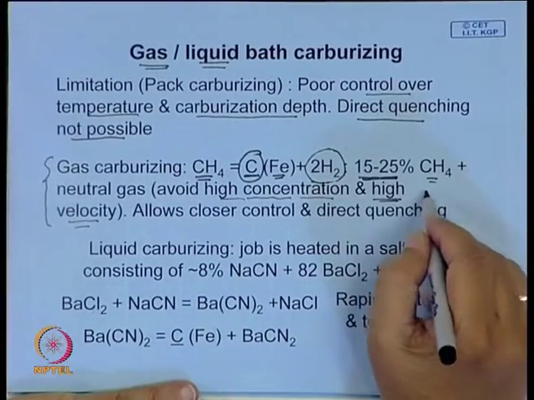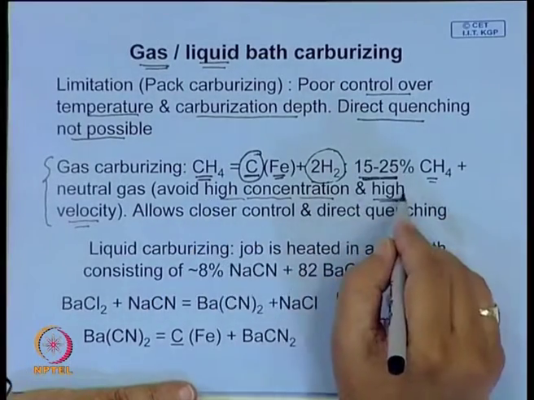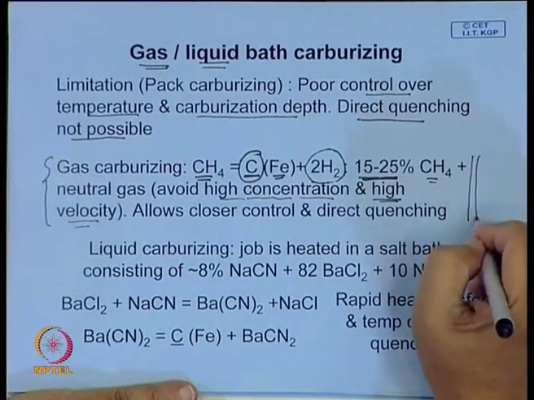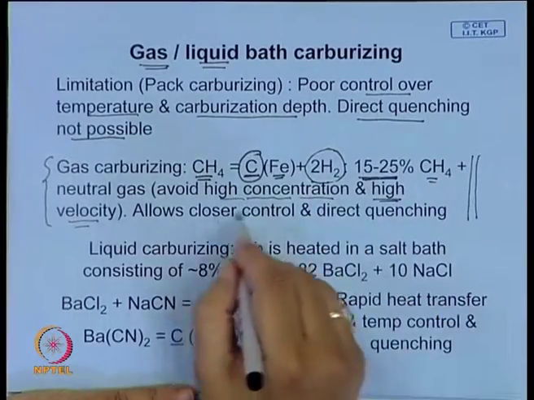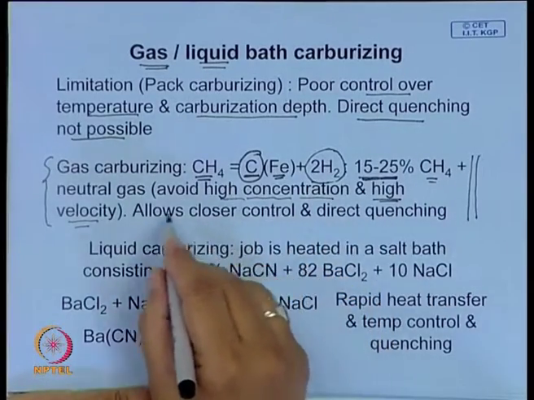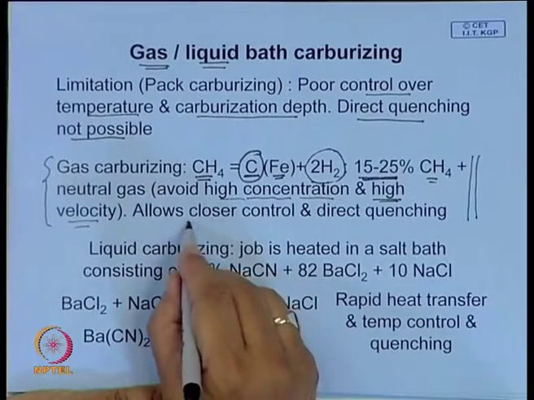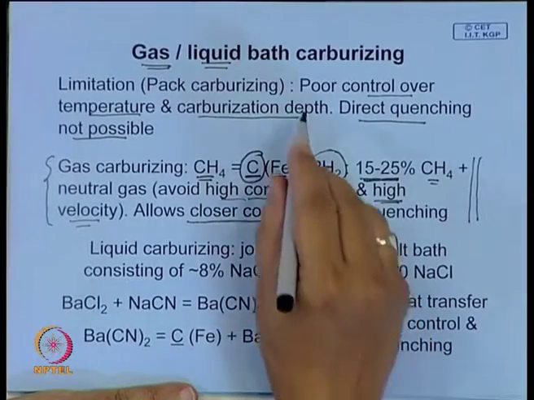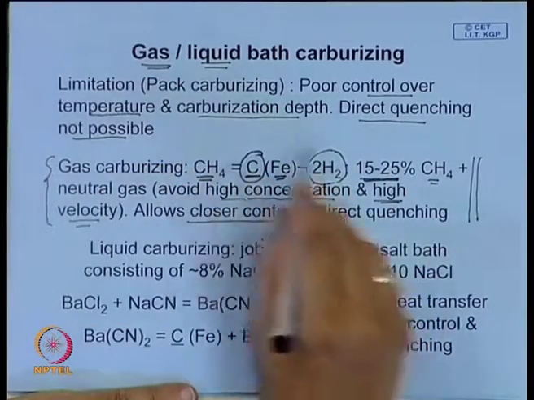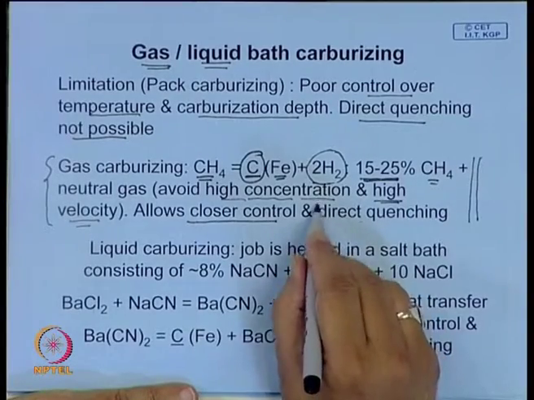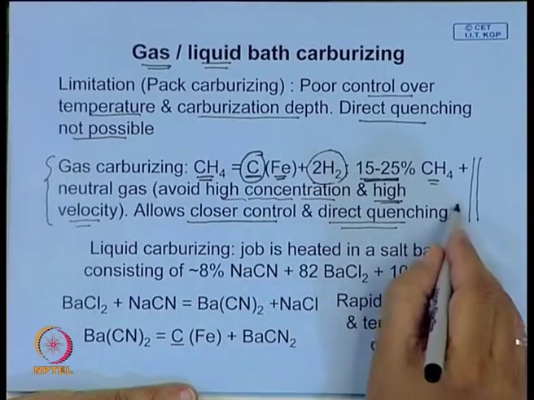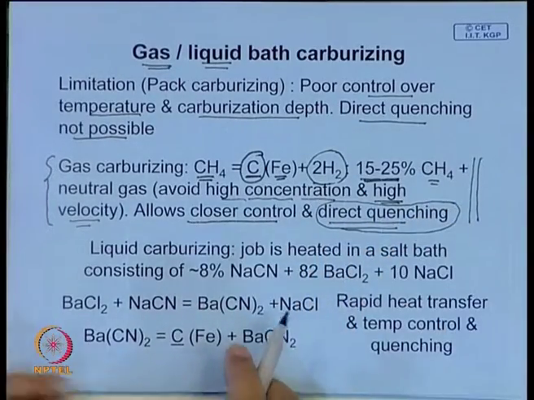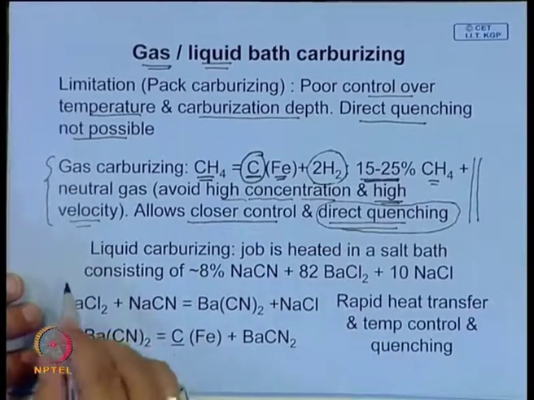This can be controlled. Many temperature control devices can be adopted. You can also have flow control devices, so you have very close control over the process. So, it allows close control on the depth of carburization and temperature, and also allows a direct quenching facility. In certain cases it cuts down the post carburization heat treatment cost.